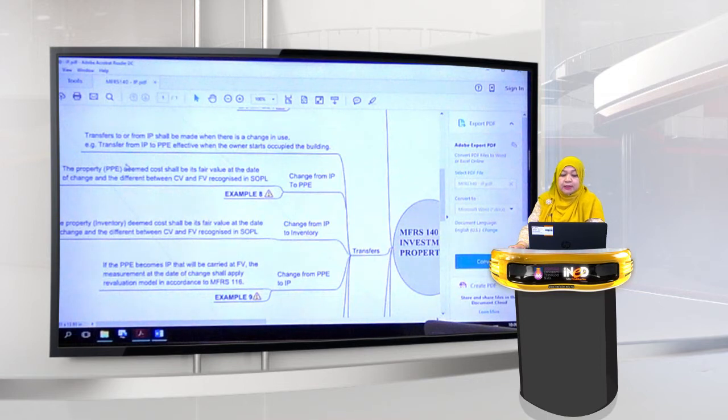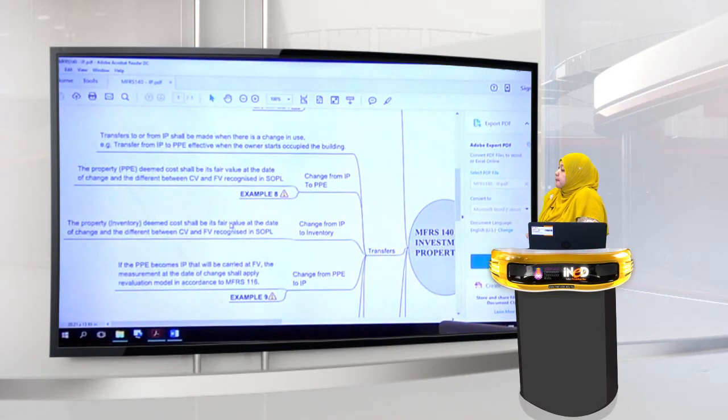then the property deemed cost shall be at its fair value at the date of change, and the difference between the carrying value and the fair value will be recognized in the statement of profit and loss. At the date of change, the fair value will become the value of the PPE.